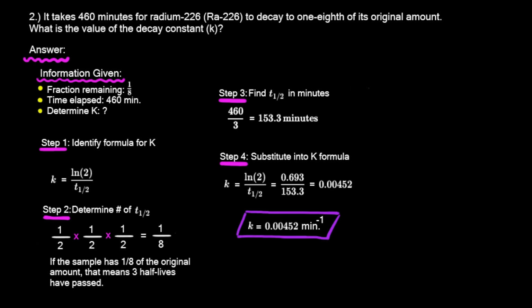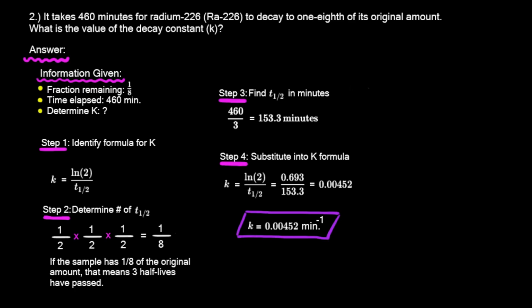In step number 3, we need to find the duration or the length of one half-life in minutes. To do that, we need to divide the total time elapsed, which is 460 minutes, by the number of half-lives, which is 3. When we do that, we get a value of 153.3 minutes.